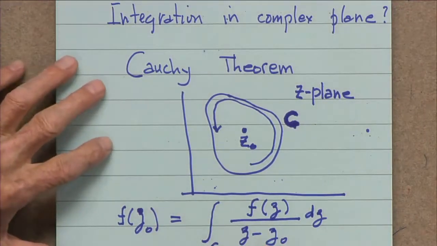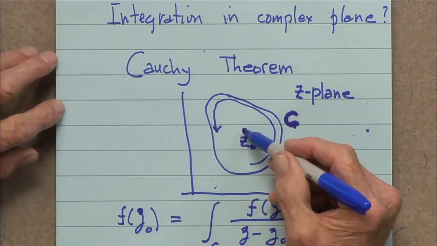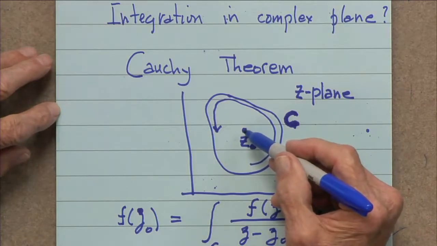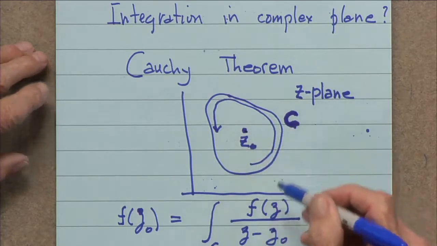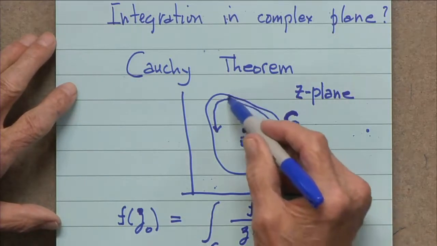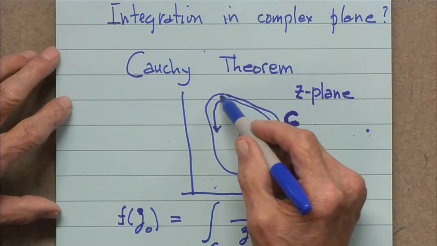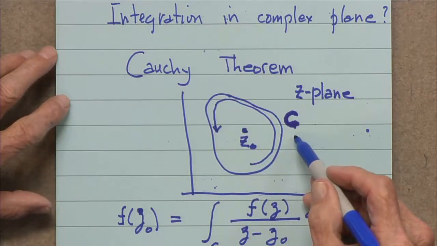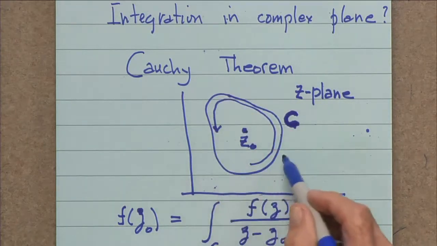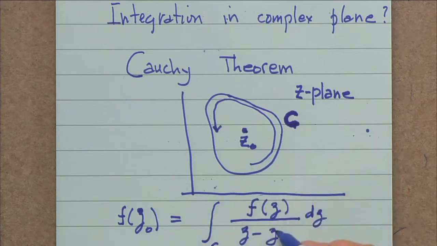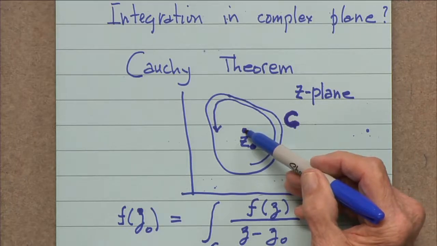Just looking at this formula here, it's amazing that you can find f at z0 by integrating this around that contour, which means you need to know f at every point on the contour. If you know f on every point on the contour, this says you integrate that divided by z minus z0, it gives you the function at z0.